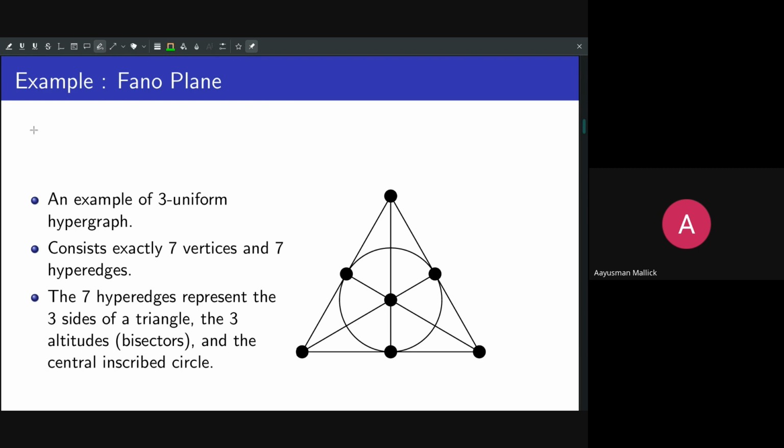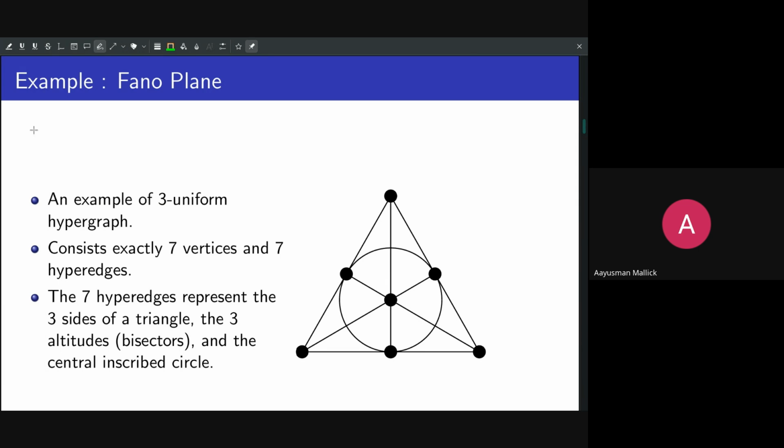And we get 7 hyperedges where each edge connects exactly 3 vertices. 3 edges are the 3 sides of the triangle, which connect 2 vertices of the triangle and the middle point of the side on which the perpendicular bisector falls, or on which the incircle touches. And 3 are the perpendicular bisectors themselves.